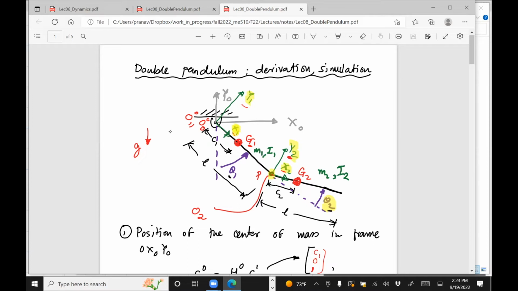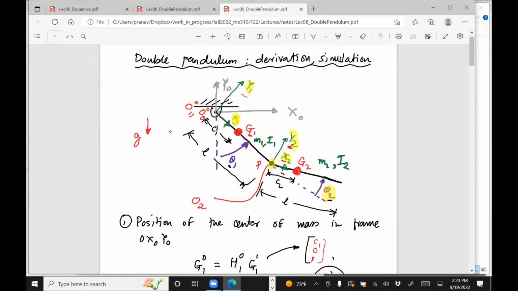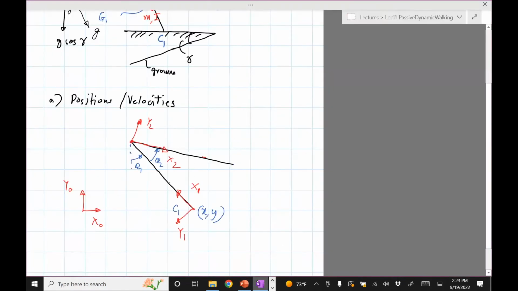And this one was x2 and x1. So I try to write the angles as the ones between consecutive x-axes, and that just makes it easy to write the equation. So let's just go there and do the same thing here.